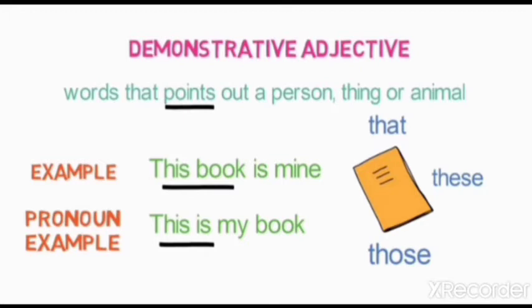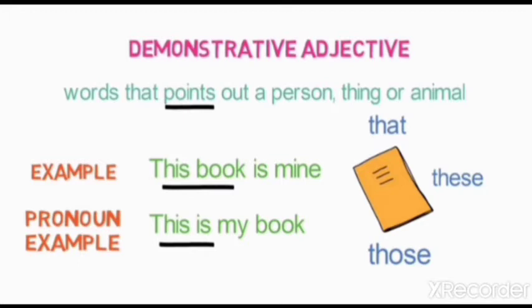Now if you remember, in pronouns we have discussed demonstrative pronouns, and they also had the same words, this, that, these, and those. But there is a difference. Let me give you an example of a demonstrative pronoun. This is my book. Here this is a pronoun.